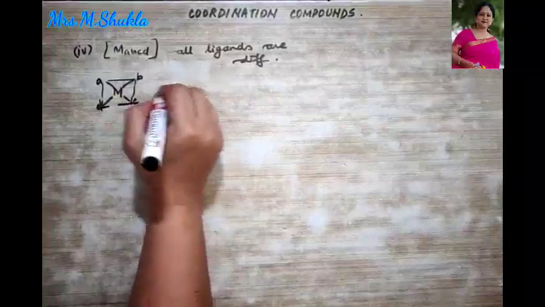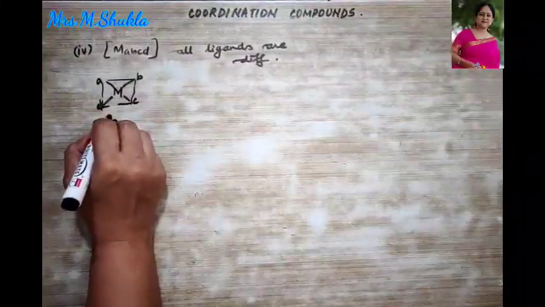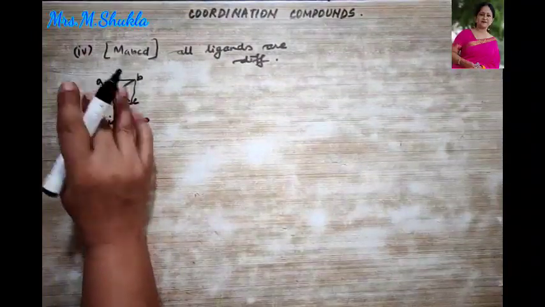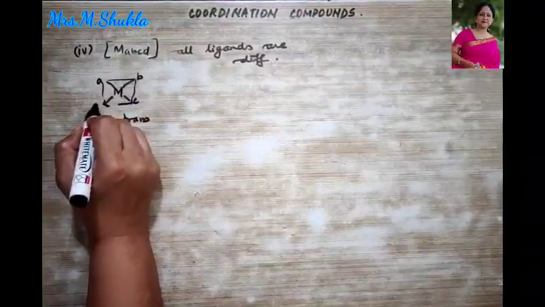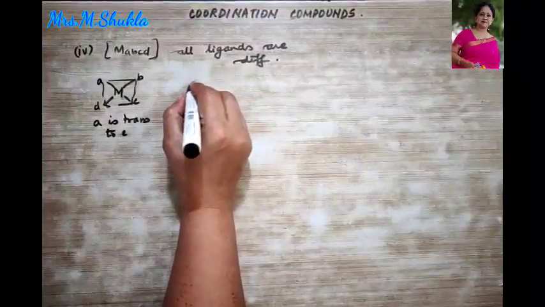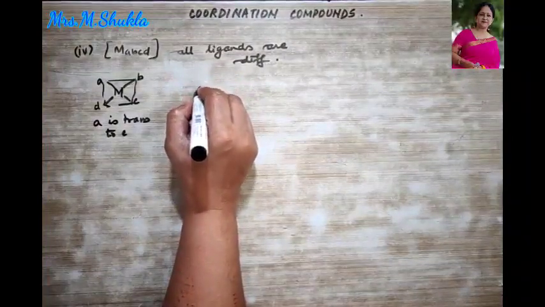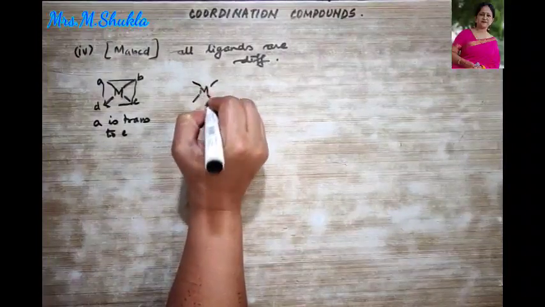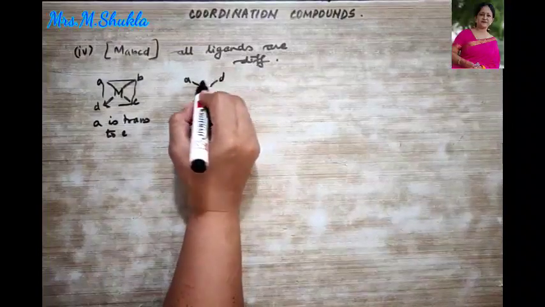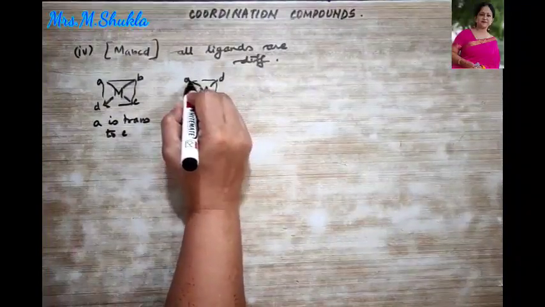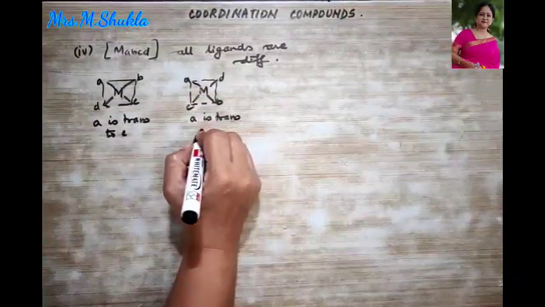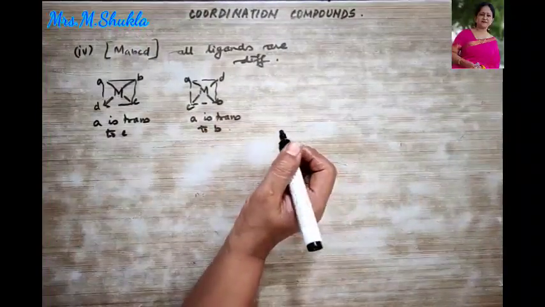This could be one. So over here we can say A is trans to C. Then another figure that can be formed could be M with A, B, C, D. This is also possible. So over here A is trans to B. Fine.